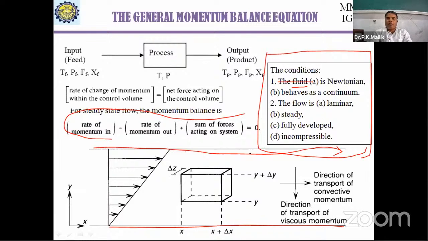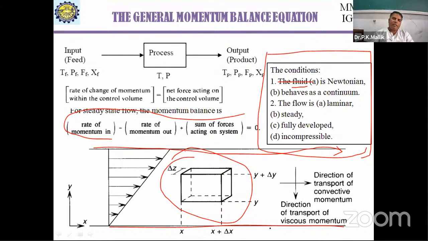Here this is the system, the fluid between the two plates, and we are considering a control volume. The control volume depends upon the shape of the reference. For example, this is a parallel plate, so we consider a rectangular one.